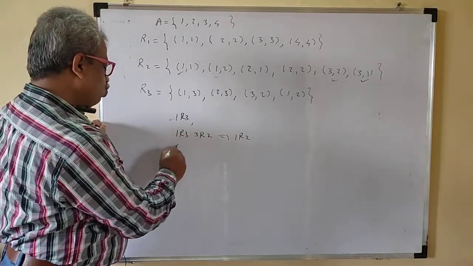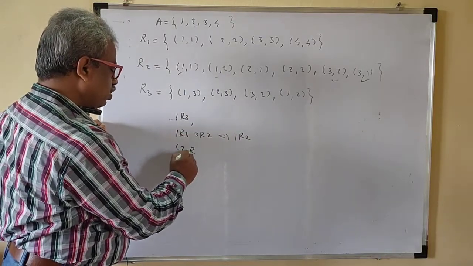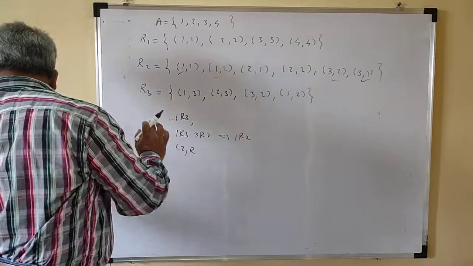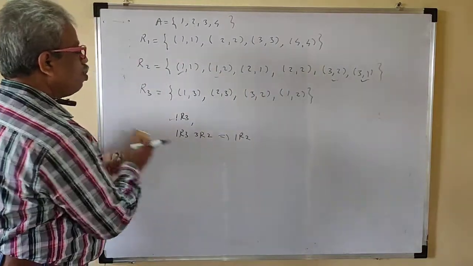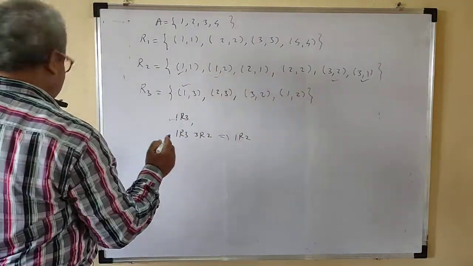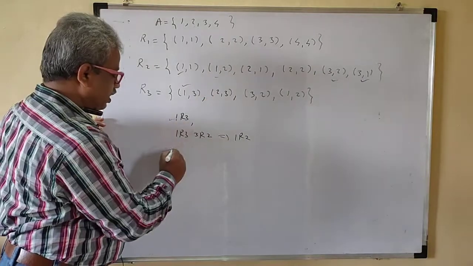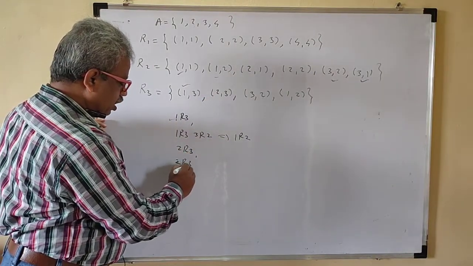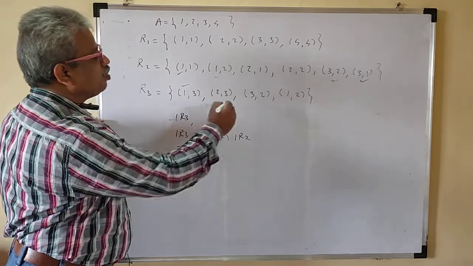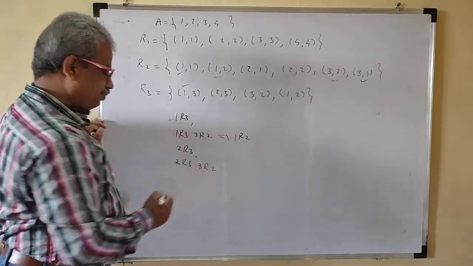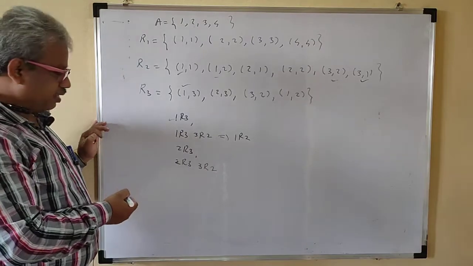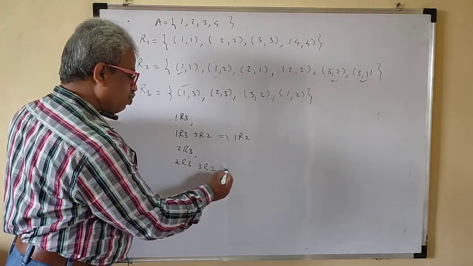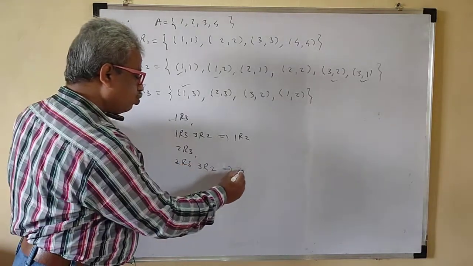Okay. Then I will take 2 related to 3 now. For 2 related to 3, I will take the possible images of 3. 3 related to 2 is there. There is only one possible pair. What do we want? We want 2 related to 2.